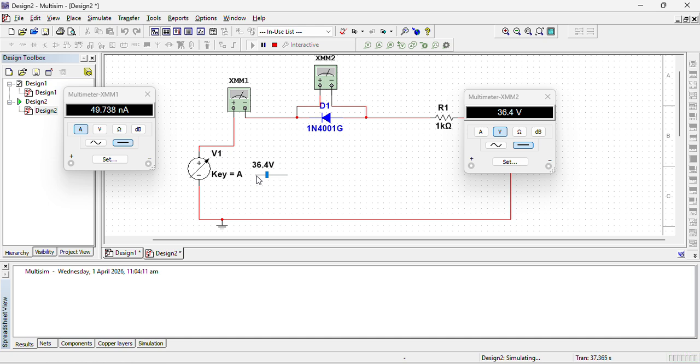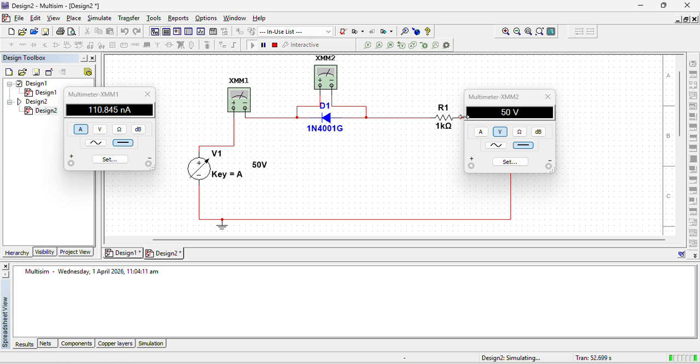That means it will not block the current in reverse any further and it will be damaged. Although this is simulation, in hardware, if the breakdown voltage is reached, the diode will be damaged. So at 40 volt, the same 40 volt is across the diode, still the current is nanoampere. Still increasing the voltage.